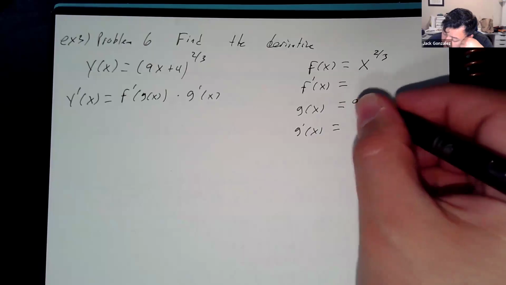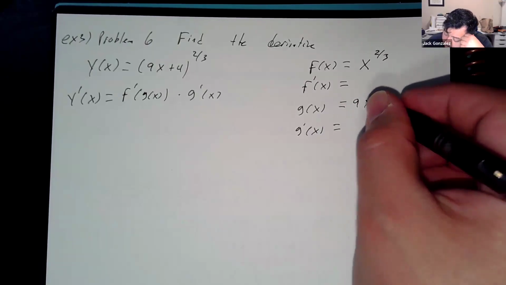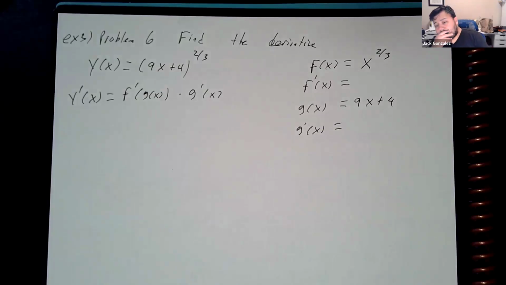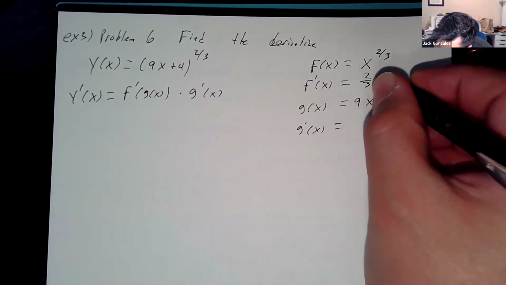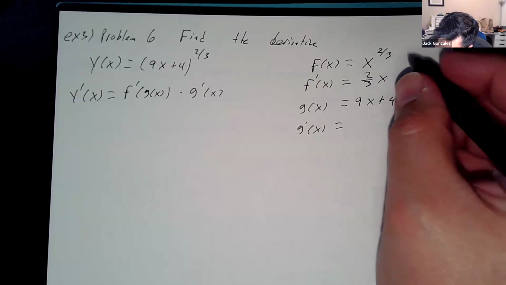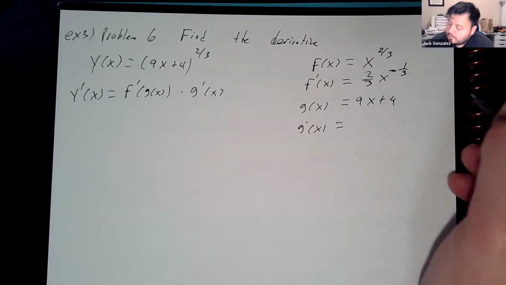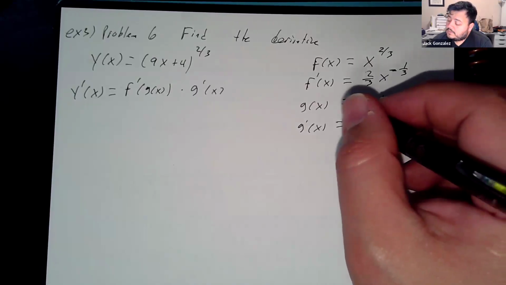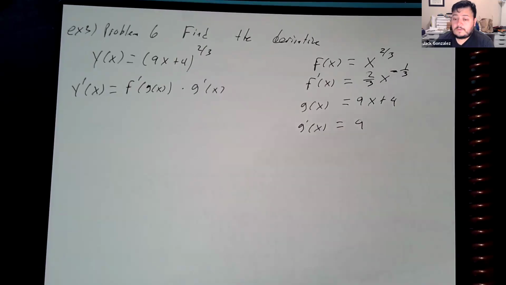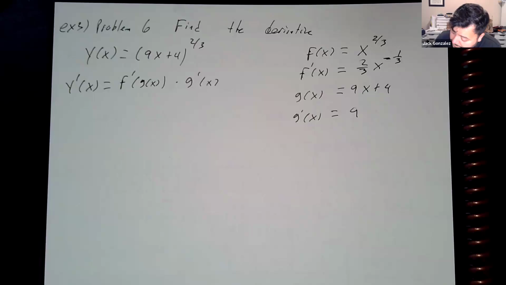Yeah. What is f prime? Is it 2/3 x to the 1/2? 2/3 x to the 2/3 minus 1 would be -1/3. Right, because 1 is 3/3. Okay. And then g prime will simply be 9, right? Okay.